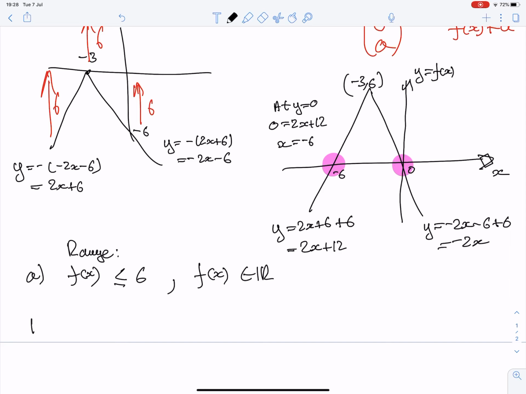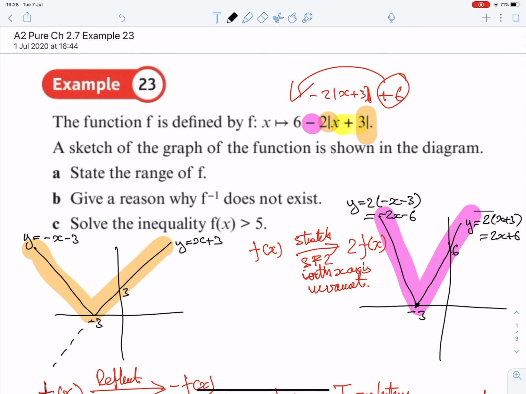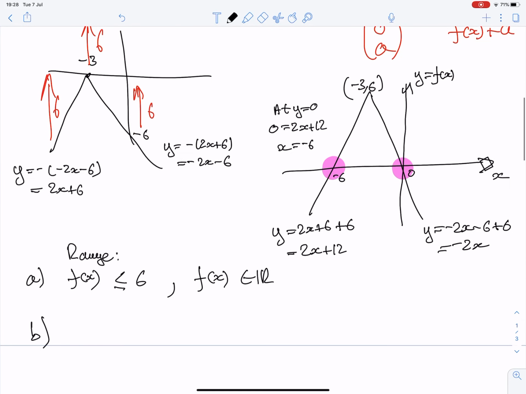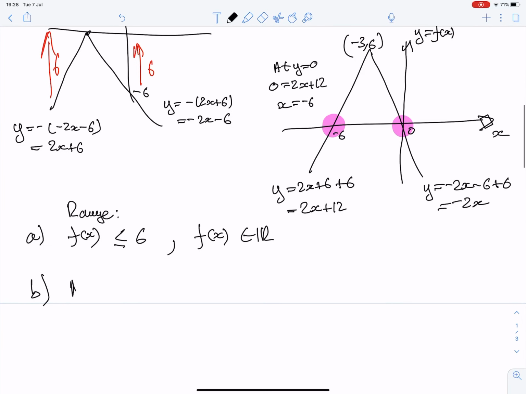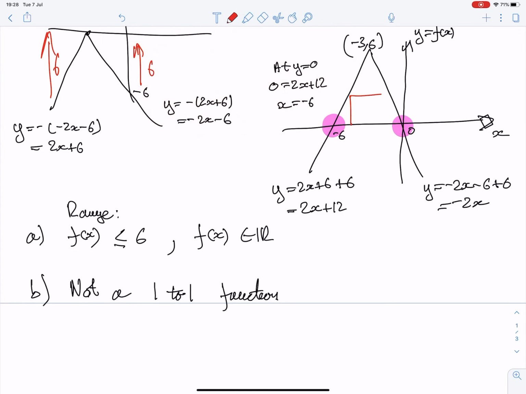Range. Part B. Give a reason why f inverse does not exist. So it's not a one-to-one function. So if we put in particular inputs, say here, we could go across, that would be our output, but there are 2 ways of getting that output.